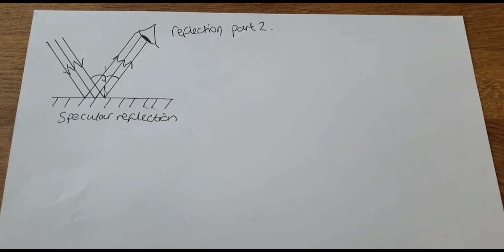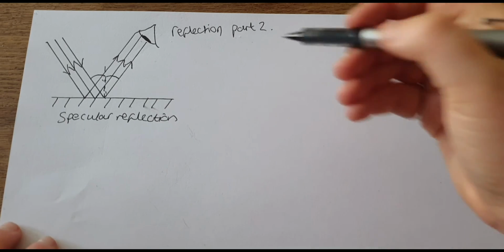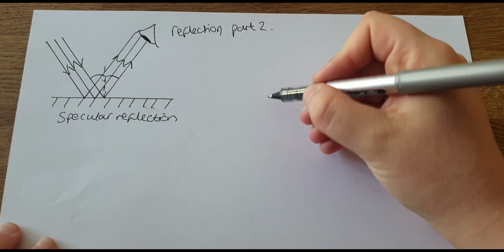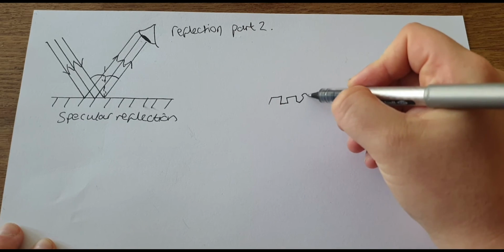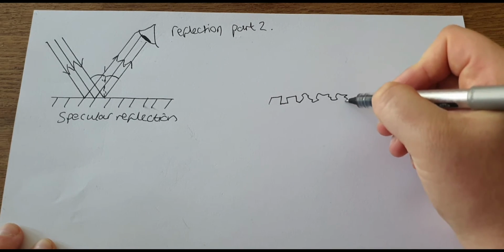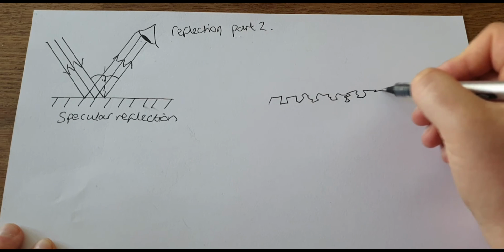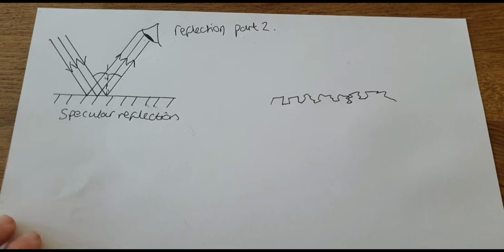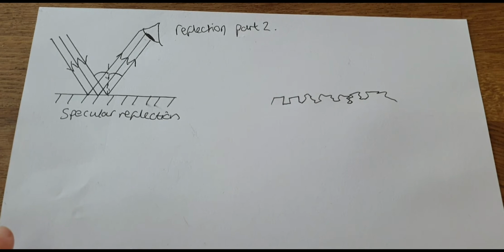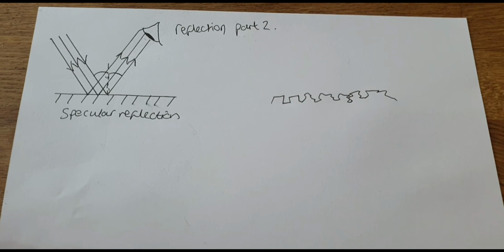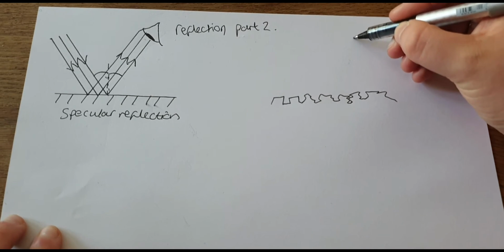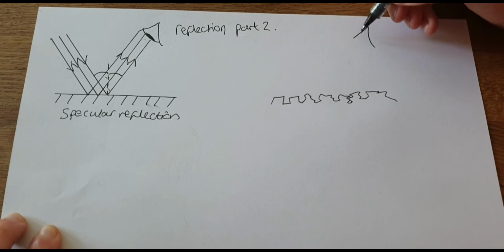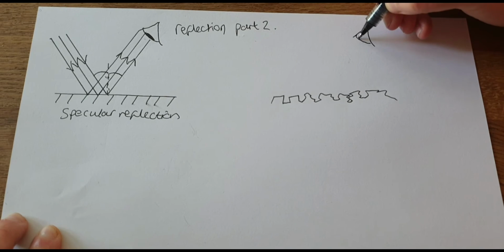So this is where I make up my surface. So let's do it over here. I don't know, it's just a random surface. Could be the moon, could be anything really, but a carpet, who knows. And if I draw my eye up here again, done it at a bit of a weird angle.